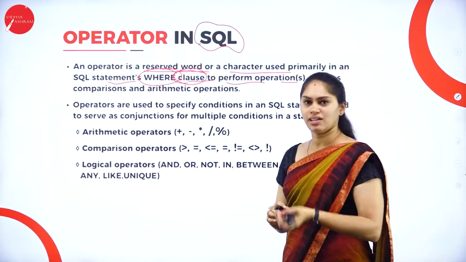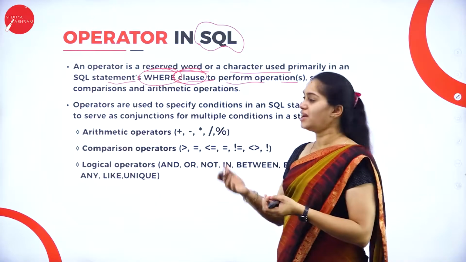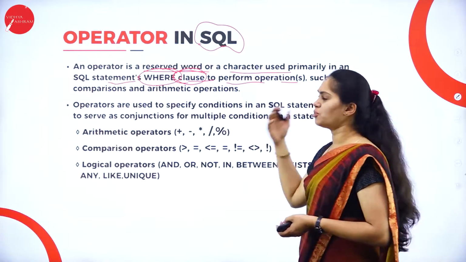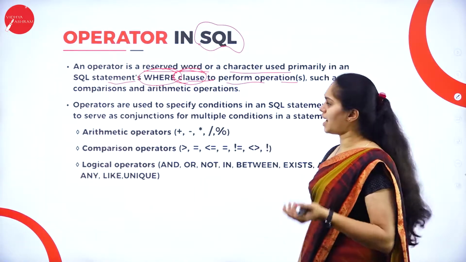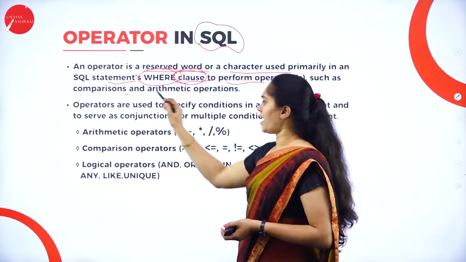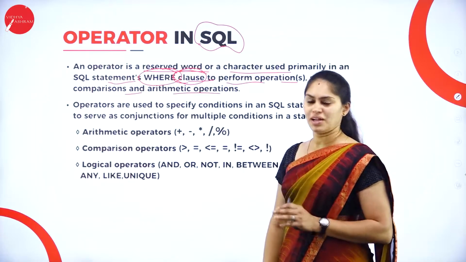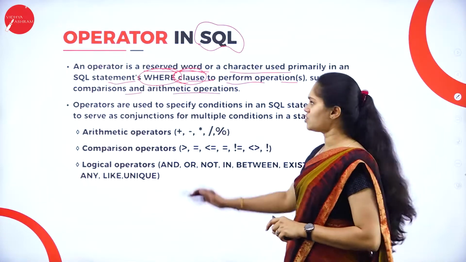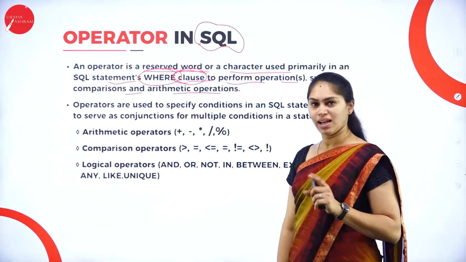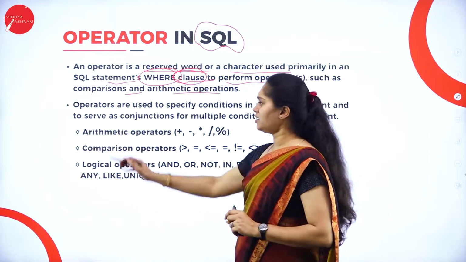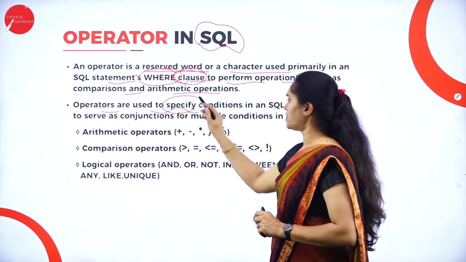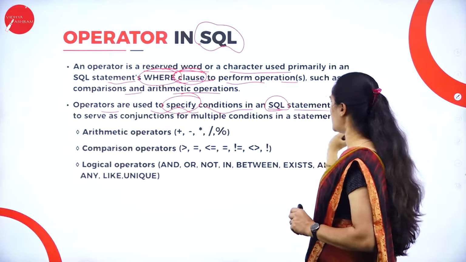That is certain conditions we are giving, and it comes under that WHERE clause mainly to perform some operations. Those operations may include comparisons, arithmetic operators, and logical operators. All those operations we can perform by making use of the operators available in SQL. So operators are used to specify the condition in an SQL statement.